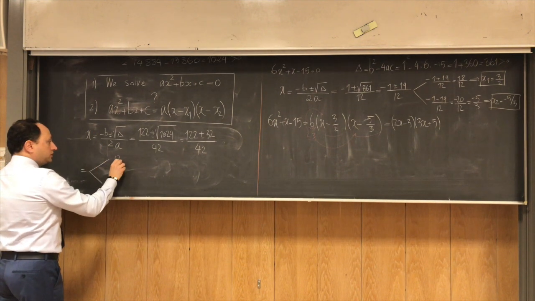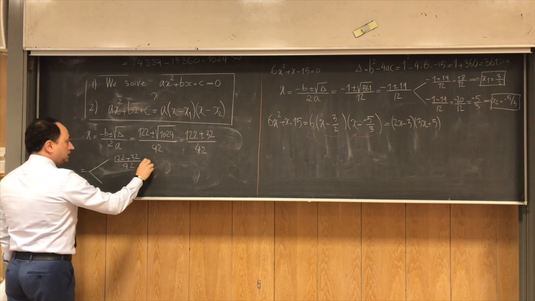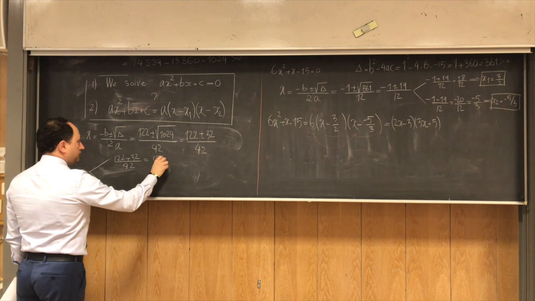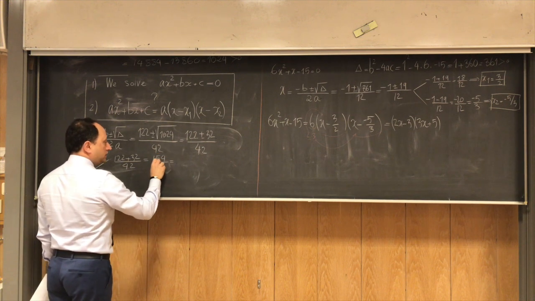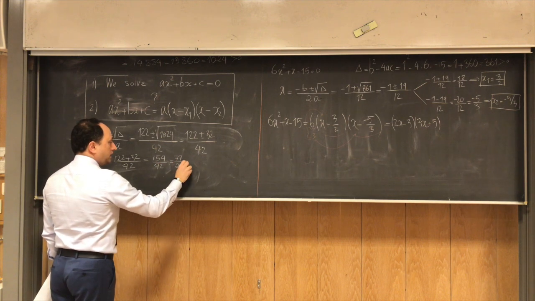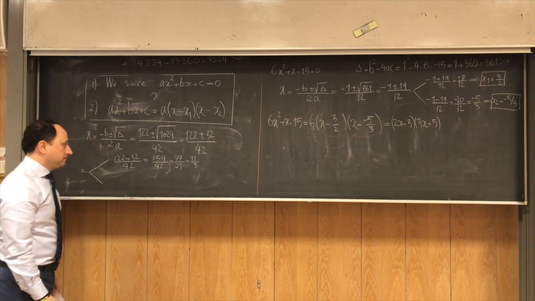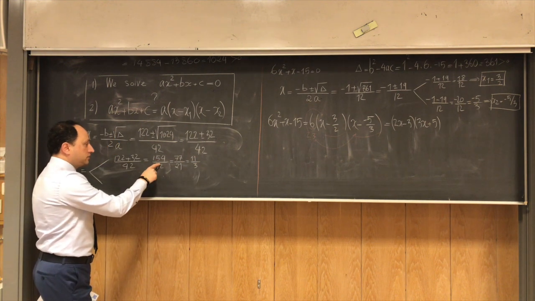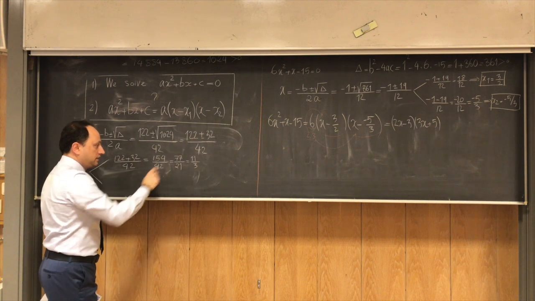So it becomes 122 plus 32 divided by 42. So it becomes 154 divided by 42. If I divide by 2, it becomes 77 over 21, and I divide by 7, 11 over 3. Let me double check. I divided by 2, 77, yes, and then I divide by 7, that's right.